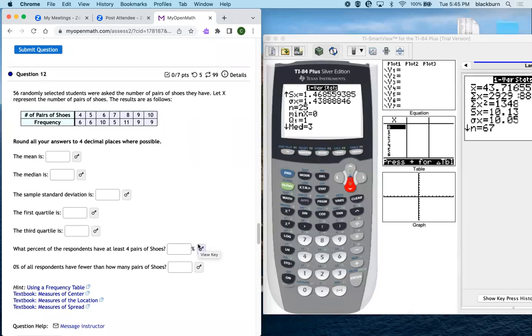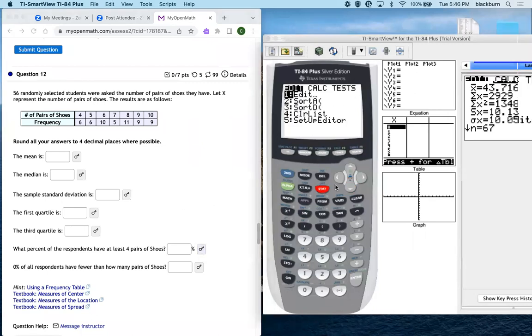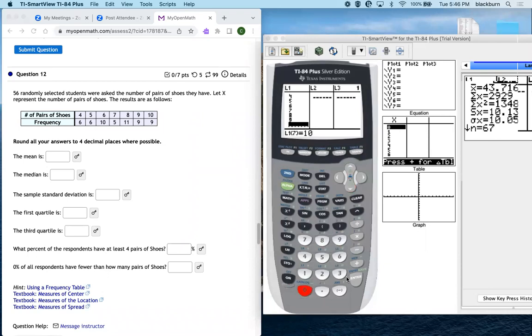So we are going to put this in just like we've put in the other sets. So we go over to stat, edit, clear, enter, up to the L1, clear, enter, and then just throw them in. So 4, 5, 6, 7, 8, 9, 10.